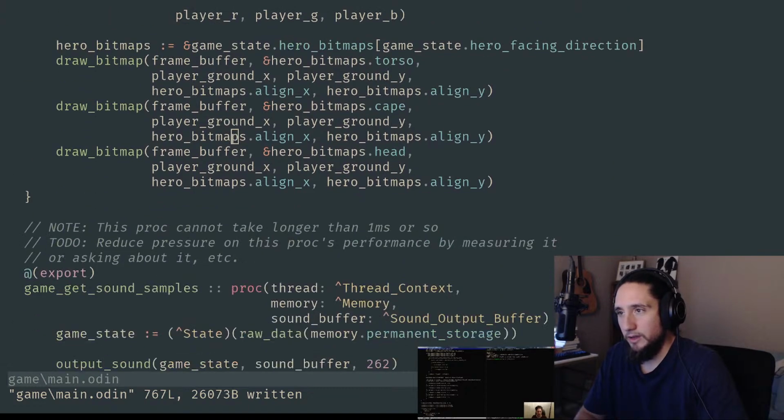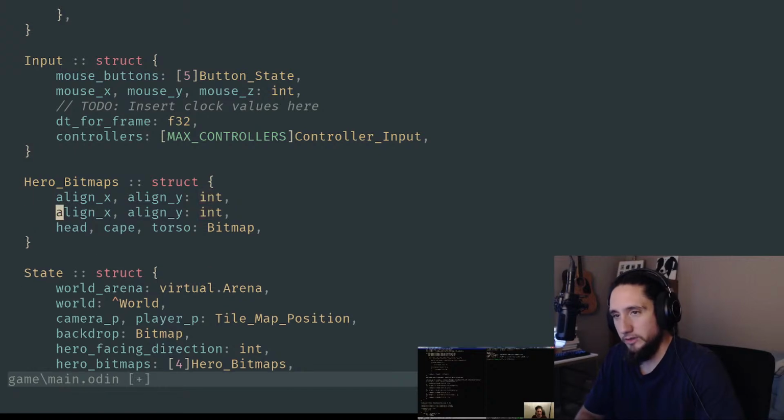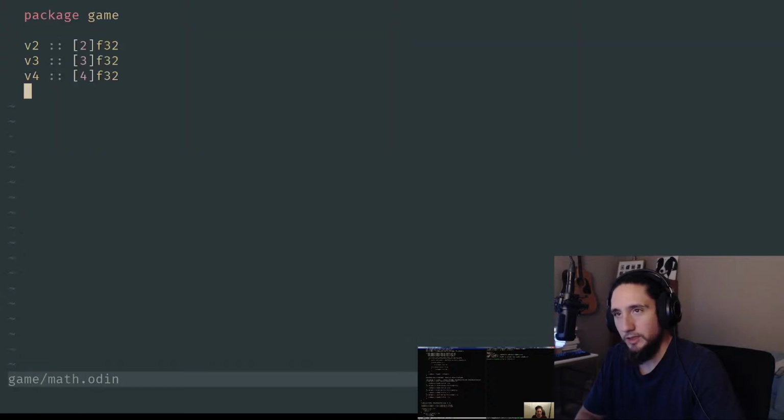So like everything else here, all these draw bitmap calls, instead of having this align X and Y on the hero bitmaps, well, that's an int, and if I remember right, the way Casey does this is he makes it an align vector, but he calls it a v2i or something like that, which would mean in the math here we'd have a v2i, a vector of ints.